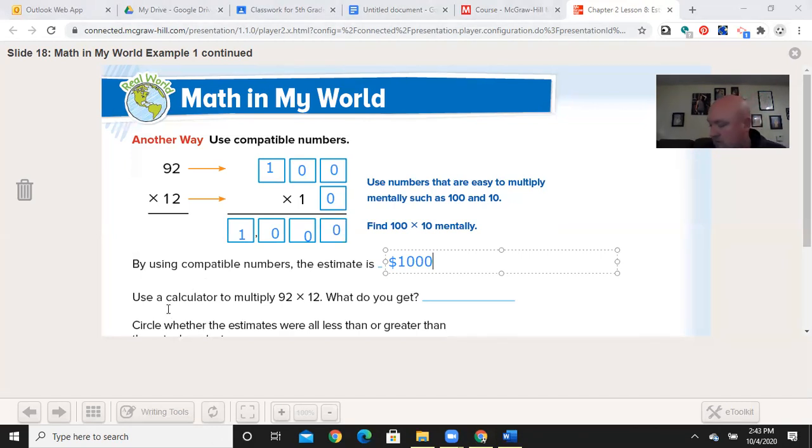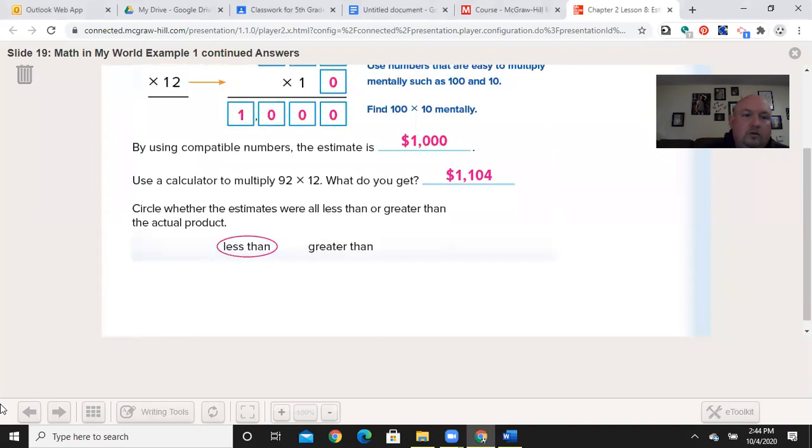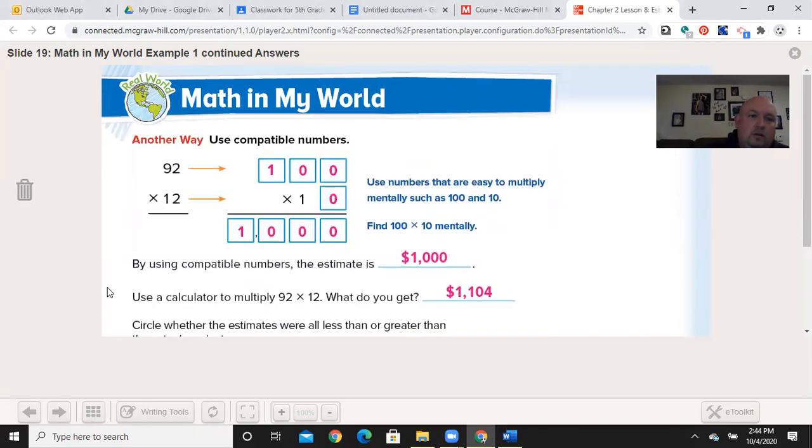Well, they were all less than, as it turned out in this scenario. So I'm going to go ahead and clear my drawings and close that out. Circle whether the estimates were all less than or greater than. They were all less than. And that's okay in this case.